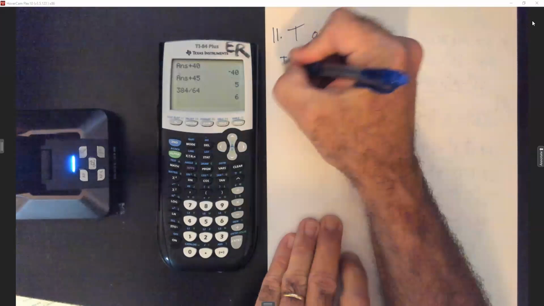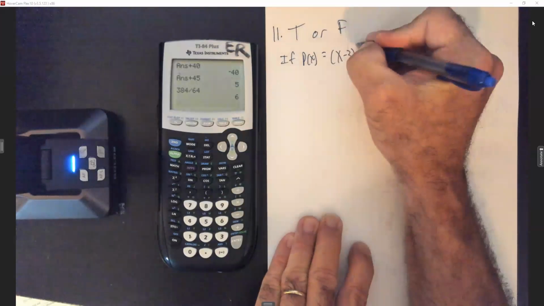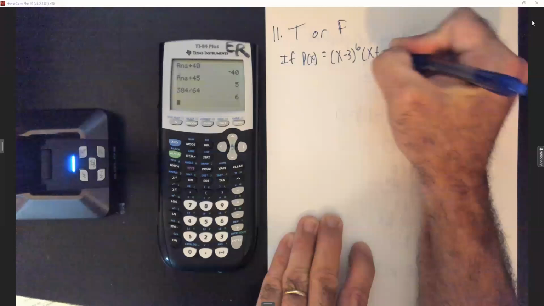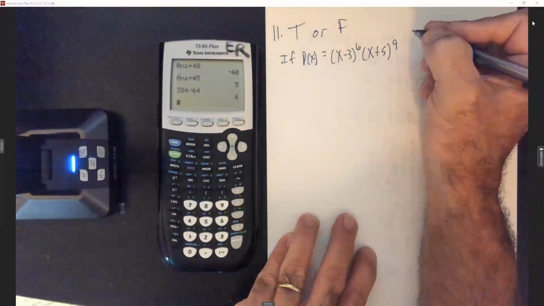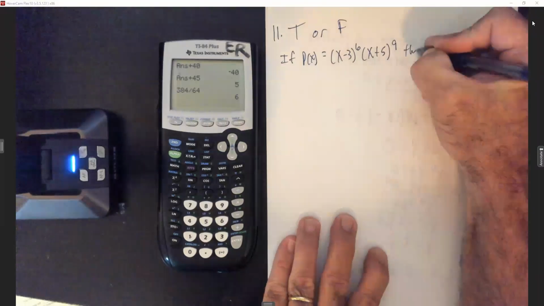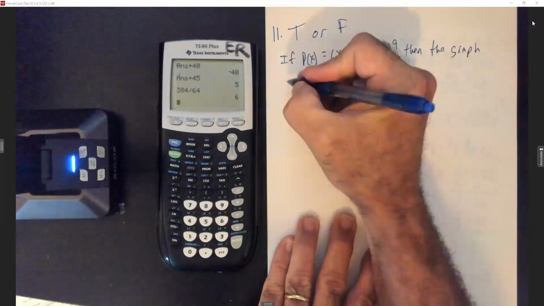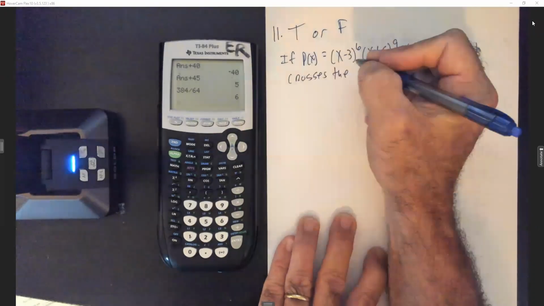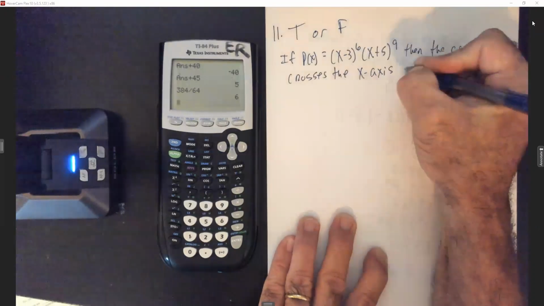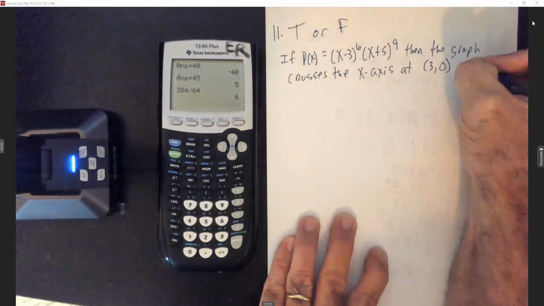If P of X equals (X minus 3) to the 6, (X plus 5) to the 9th, then the graph crosses the x-axis at 3, 0. So true or false?